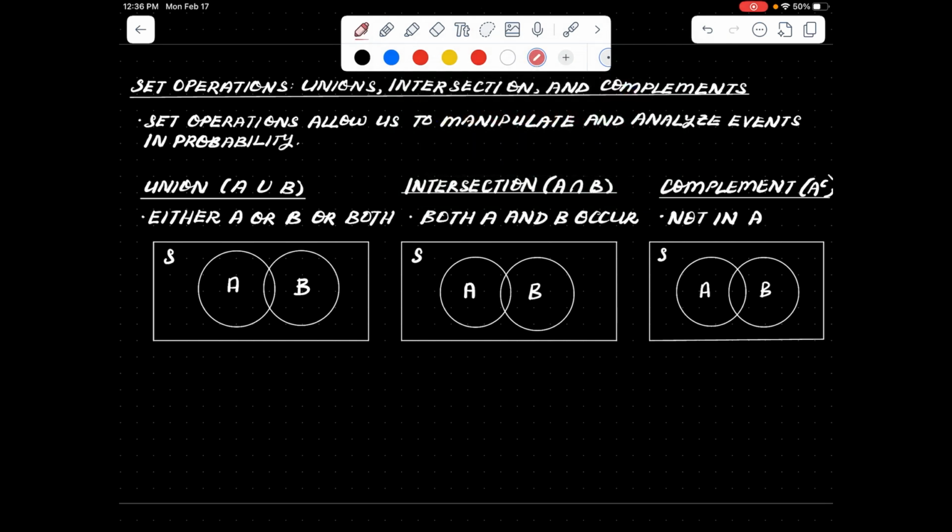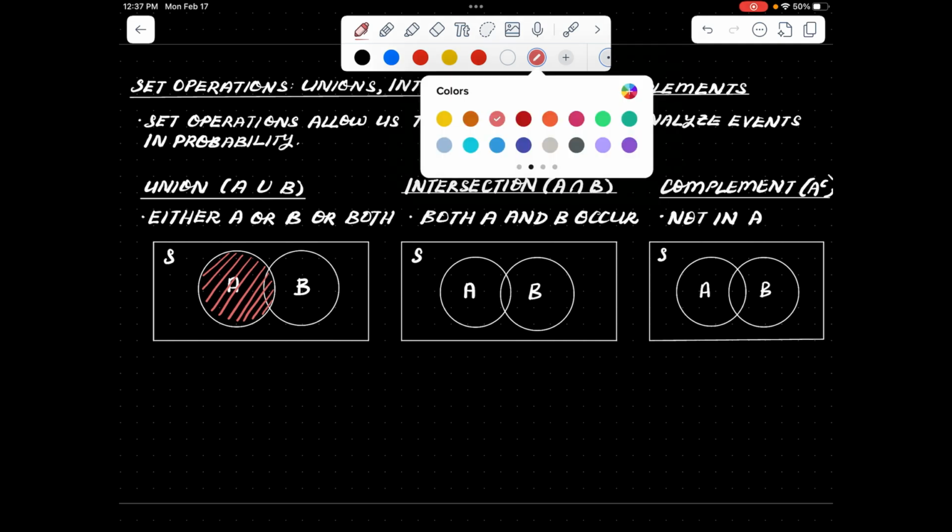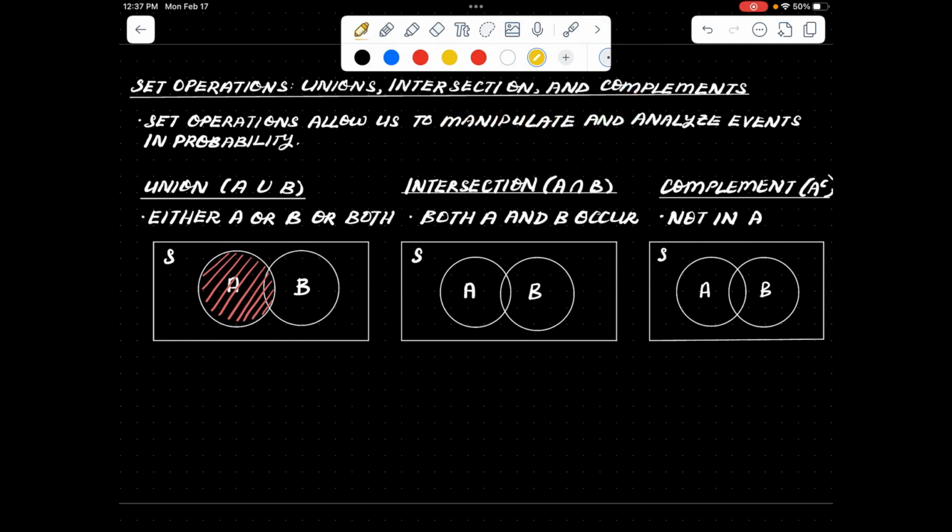If A is happening, then all these events in A are occurring. If B happens, then we get this shaded region here. And if both happen, then that's this region here. But the union is basically the entirety of all of these events here.